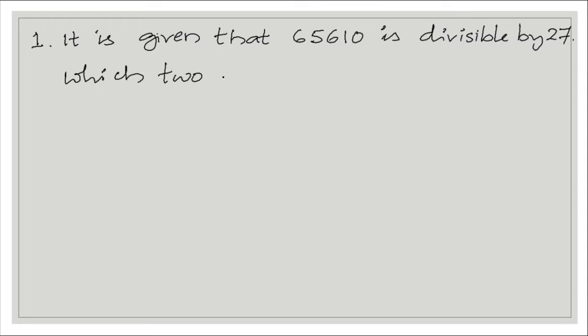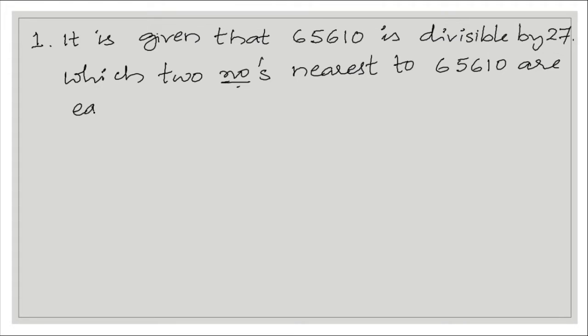Which two numbers nearest to 65,610 are each divisible by 27? You have understood the question? It is given that 65610 is divisible by 27. Which two numbers nearer to this 65610 are also divisible by 27?